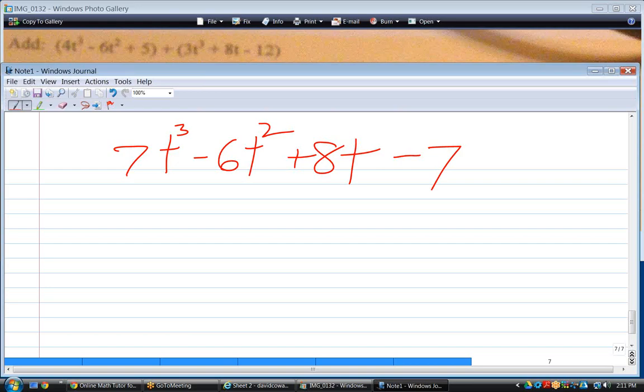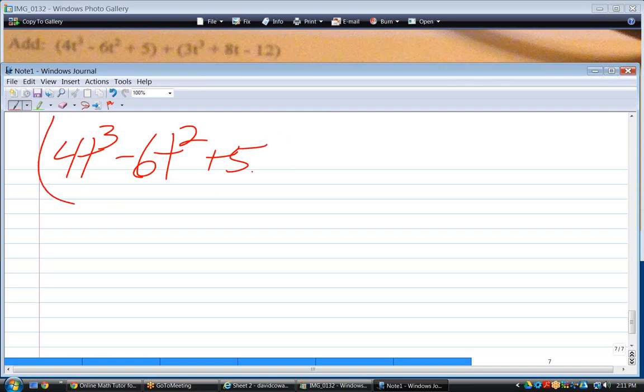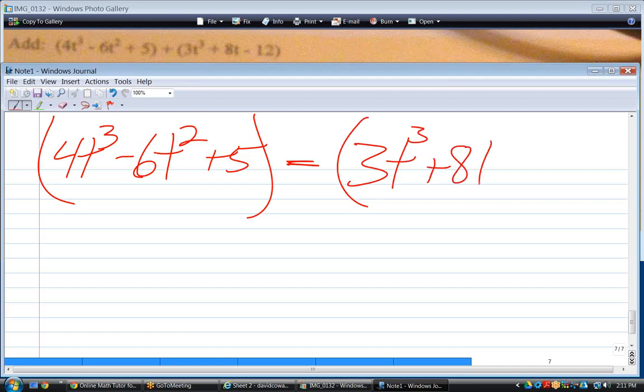In other words, these are very, very straightforward. So let's change that plus sign to a minus sign. Tell me what that answer would be. In other words, 4t cubed minus 6t squared plus 5, and then I'm going to subtract. And give me this answer. -1t squared, or t cubed.